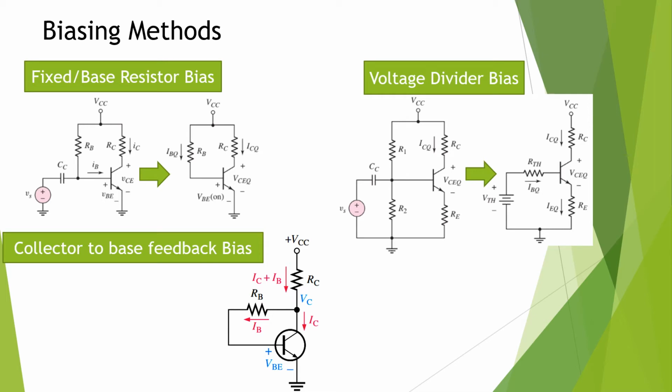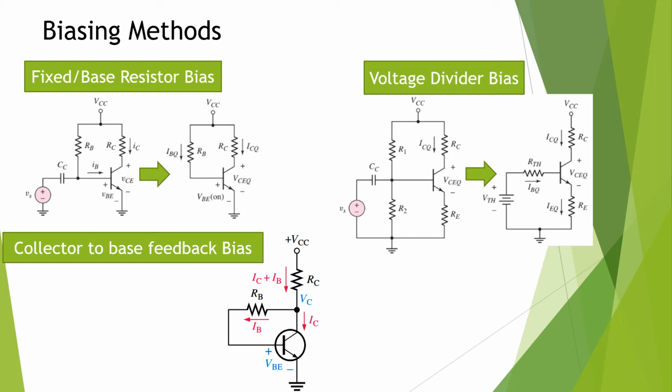But the fixed bias provides less stability because the Q point will be shifted sometimes due to temperature variation. The collector current depends upon beta, next VBE, and the next parameter is ICO. These three parameters depend upon the temperature.